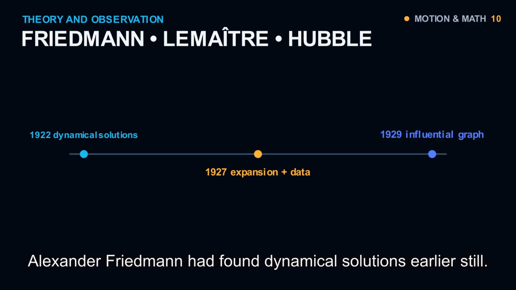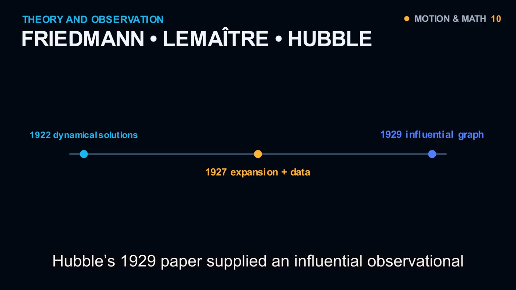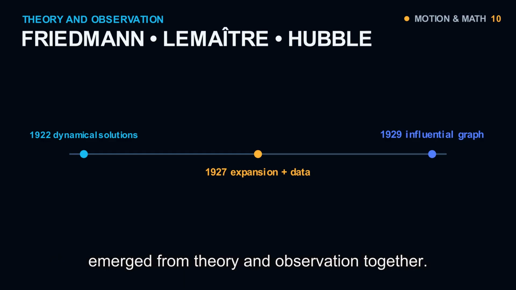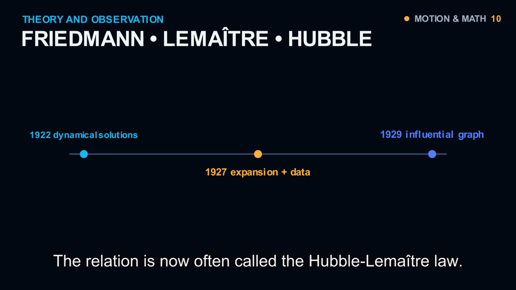Alexander Friedmann had found dynamical solutions earlier still. Hubble's 1929 paper supplied an influential observational demonstration, but the interpretation of cosmic expansion emerged from theory and observation together. The relation is now often called the Hubble-Lemaître law.